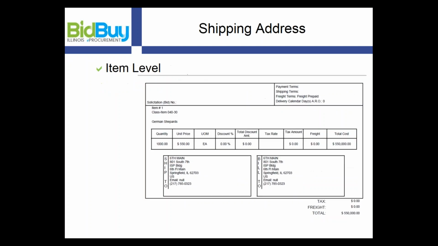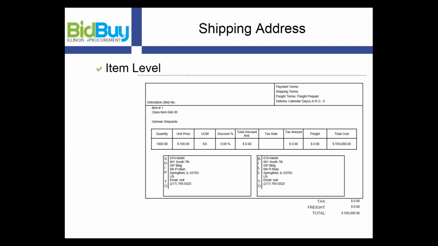But if we go down, you'll see an example of the shipping address which could occur specifically for an item. So if you receive a purchase order and it shows you a specific ship to and bill to address specific to a line item, that is the ship to and bill to that will be used for that particular line item. This has caused some confusion, and as we all expect when we roll out a brand new system, there are certain things that are adjusted.